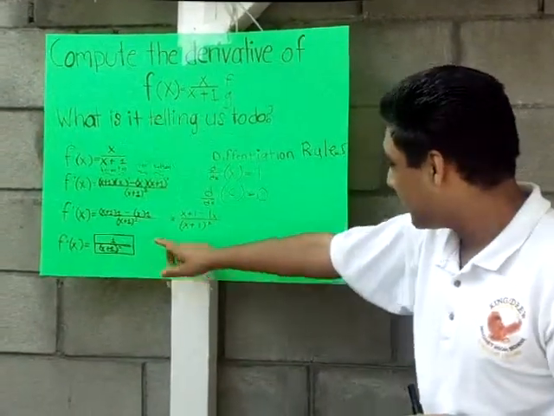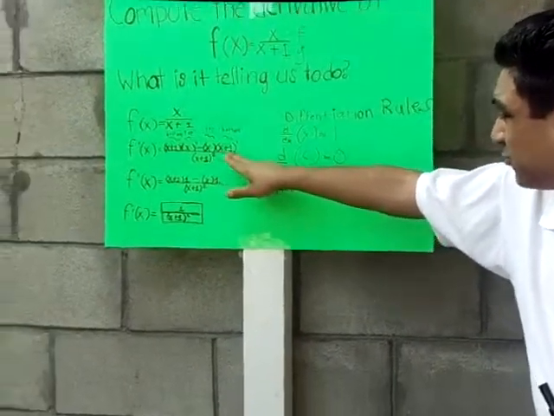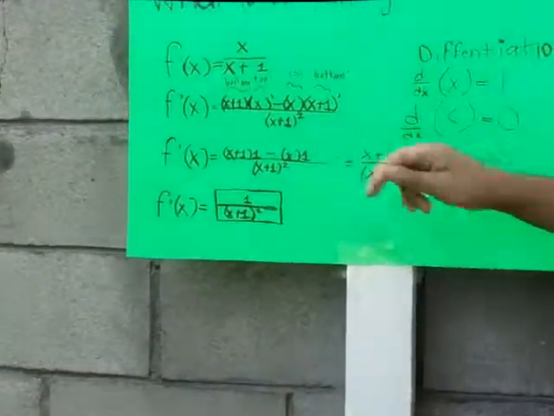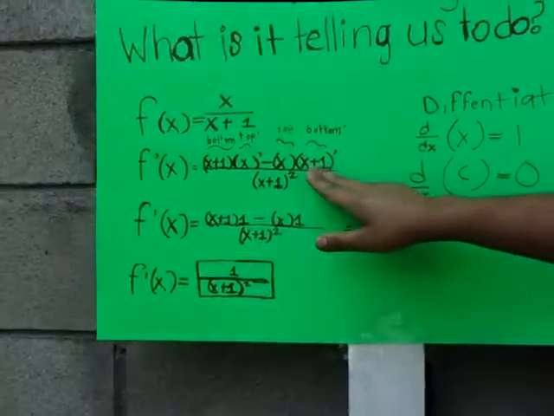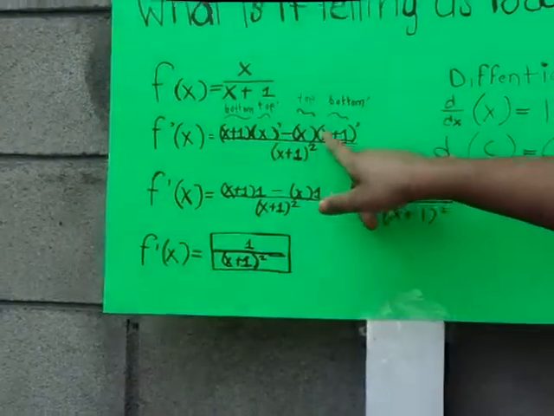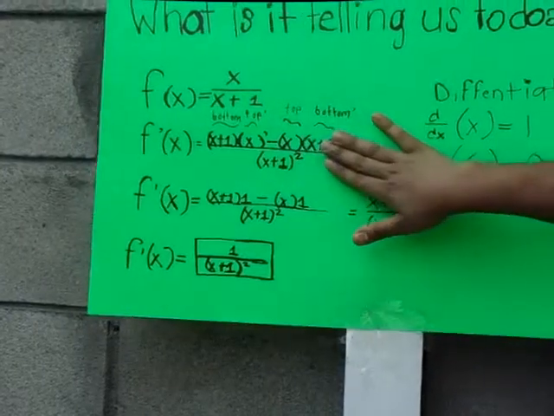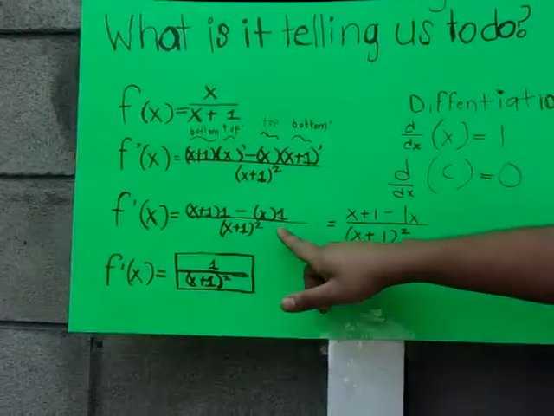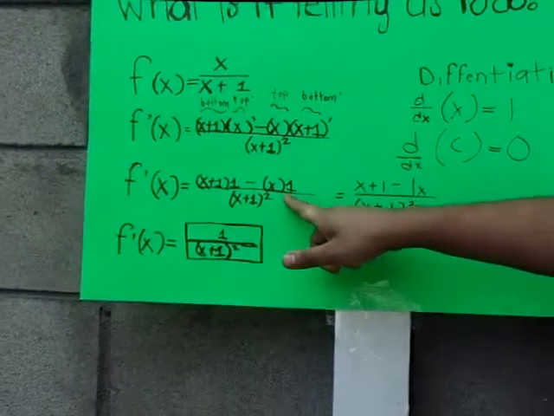So here, you have x plus 1, which is only x plus 1. All this is only 1 because x is always 1, and the constant rule says that all these will be nothing, will be 0. So you only have 1 because the derivative of x is 1.